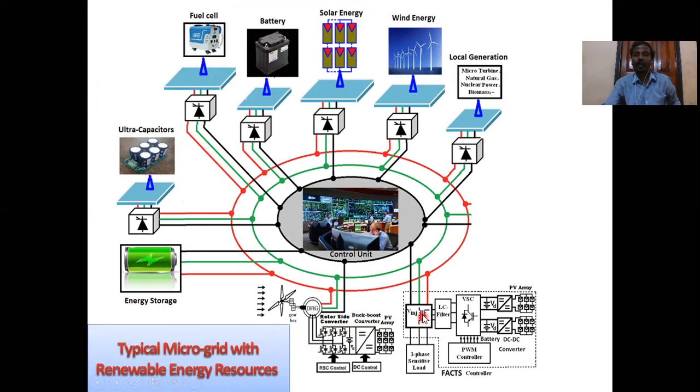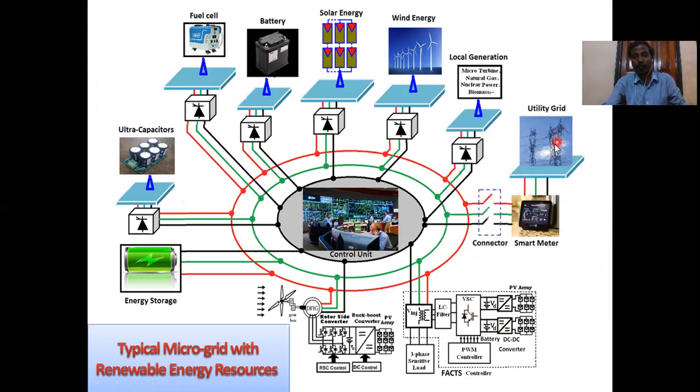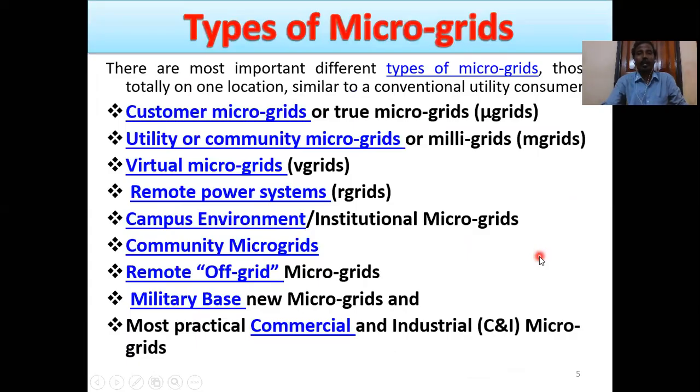And this section is mainly for protection purposes, and we can use a FACTS device which can control voltage sag, swell, flicker, and any type of power quality problem in this system. And next, this is the utility grid, which is connected through one connector and a smart meter.